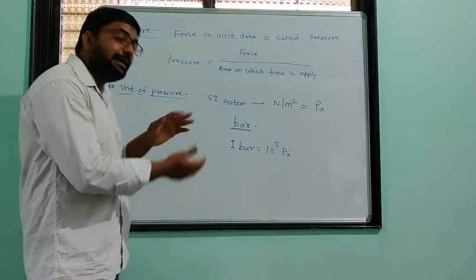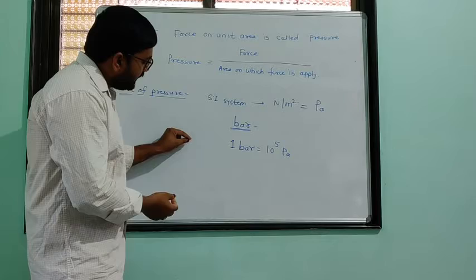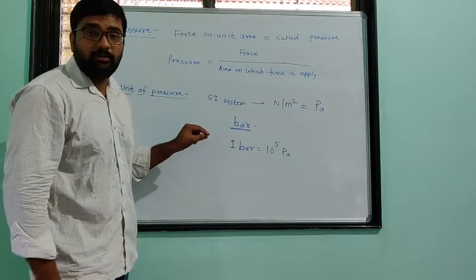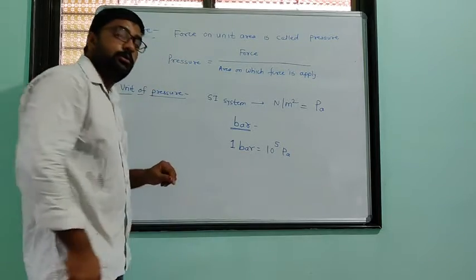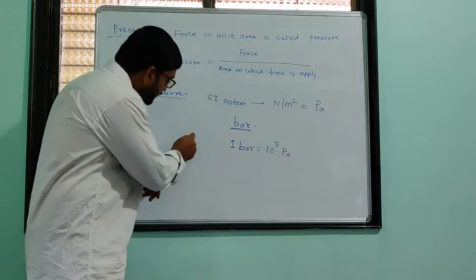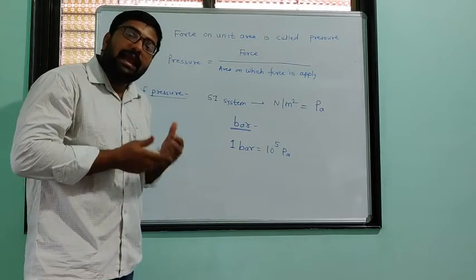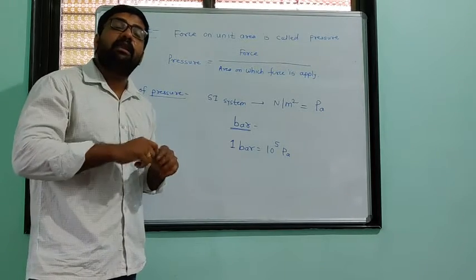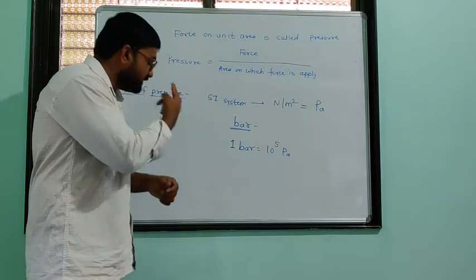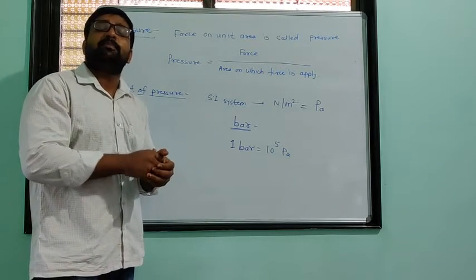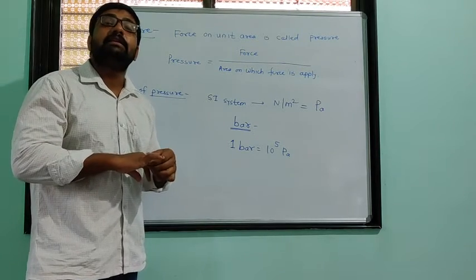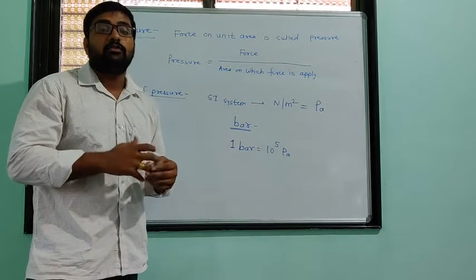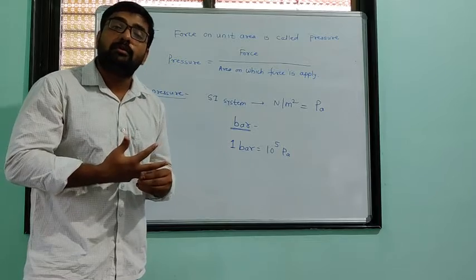But what happens in the second case, if you place the head on the board and try to hit from the pointed side? The head is in contact with the board, which means a large area is in contact with the board. As a large area is in contact, it is not possible to hit the nail and make it go into the board. So area also matters in the case of pressure: force matters and area also matters. Both matter in the case of pressure.